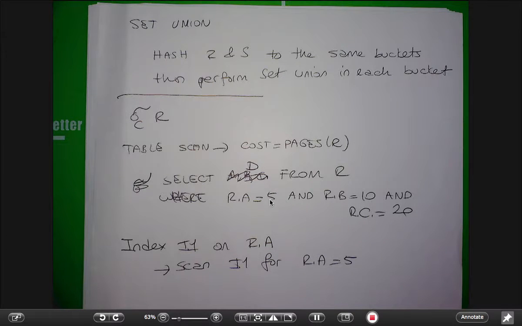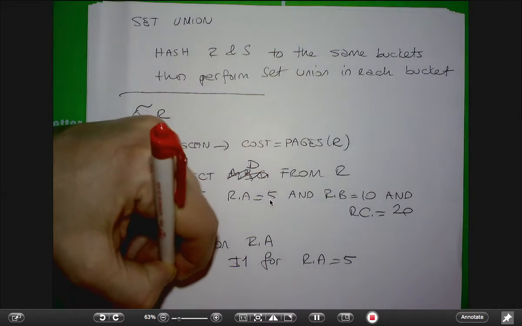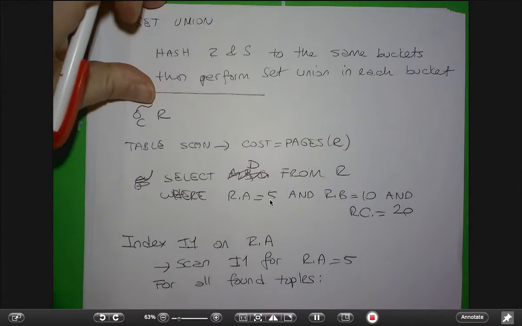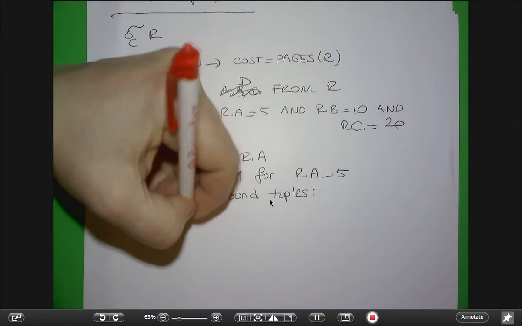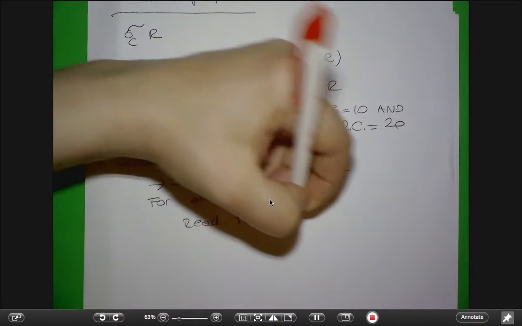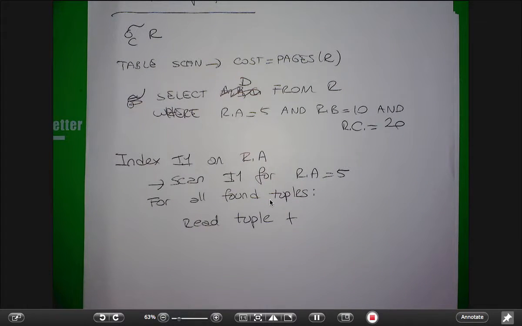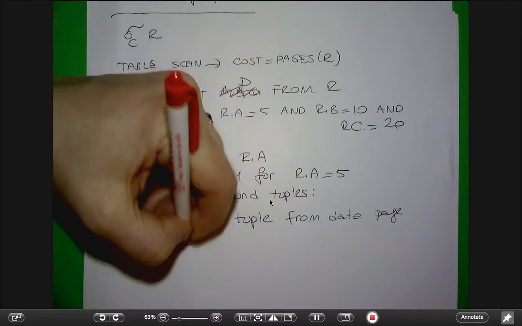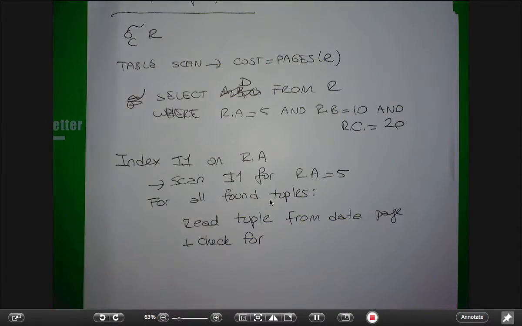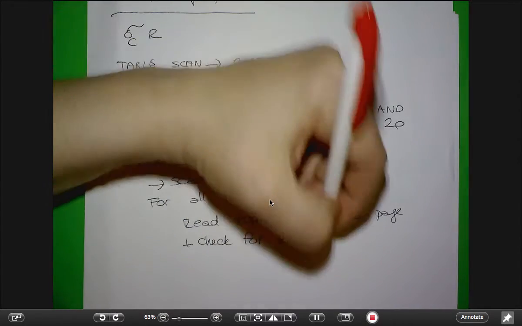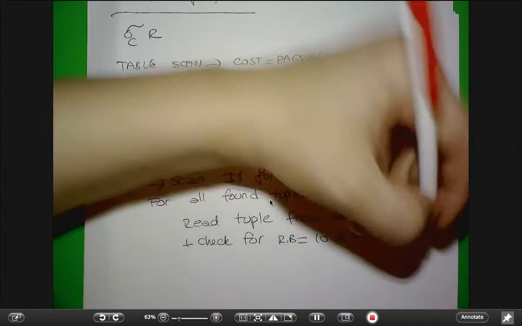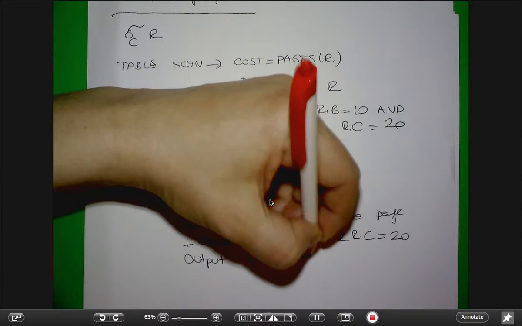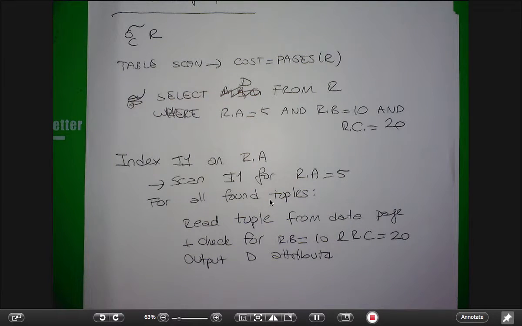That means for all the tuples that are matched, read the tuple from the data disk, and check for the B and C conditions, and then output the attribute.